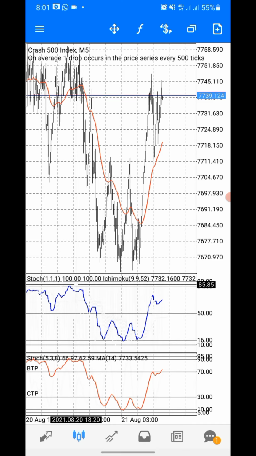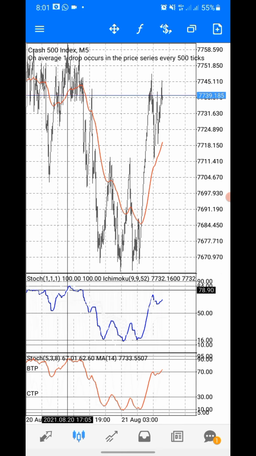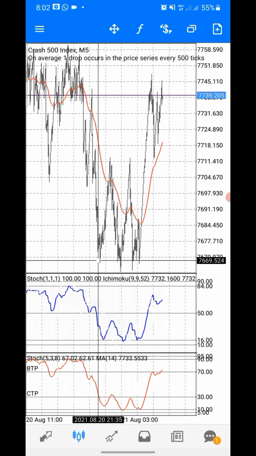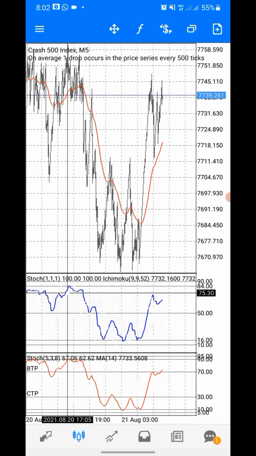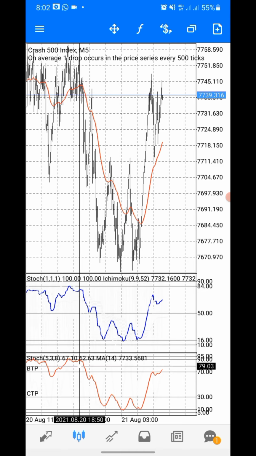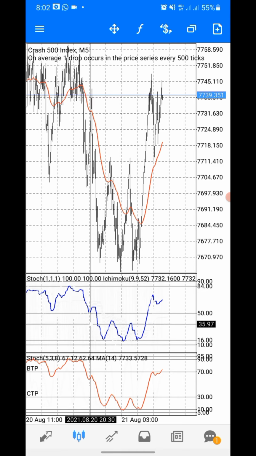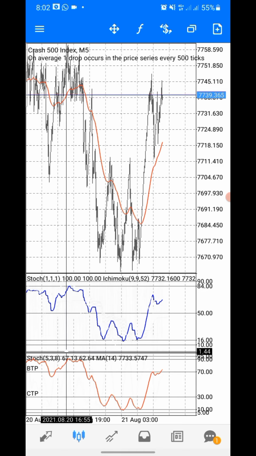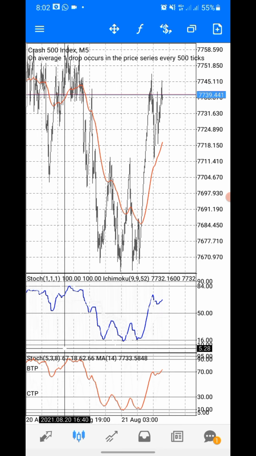That is the first condition. And once the market meets this condition, the next one we watch out for is the moving average. The moving average must also be within the 90 and 95 stochastic line.